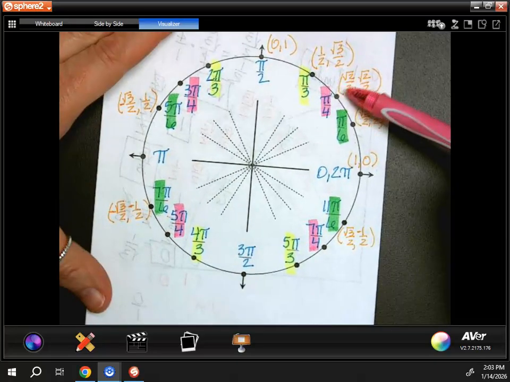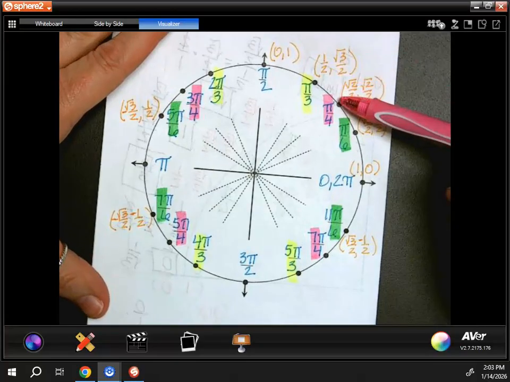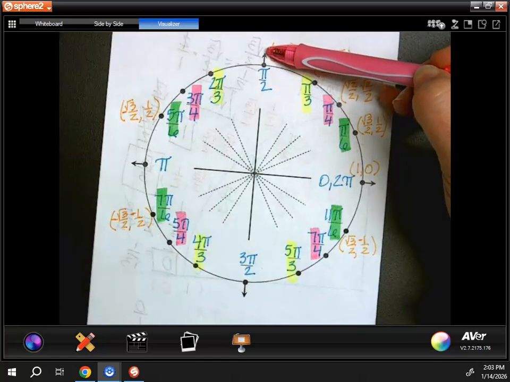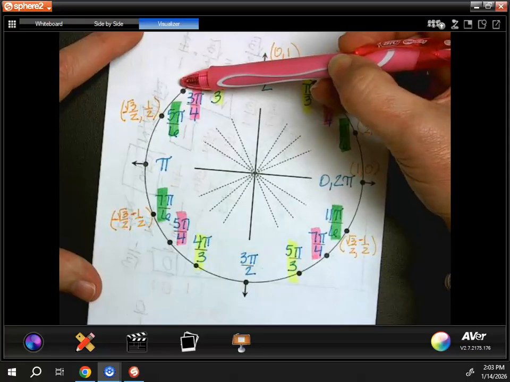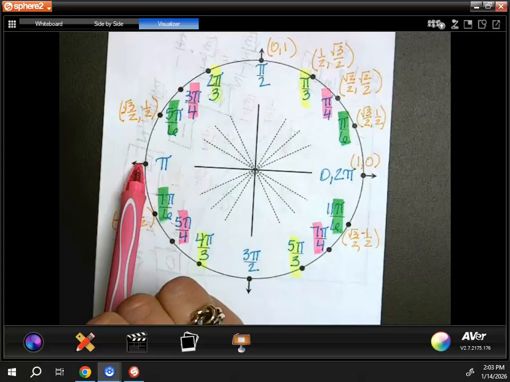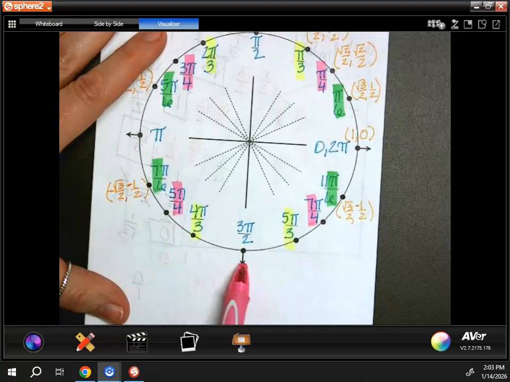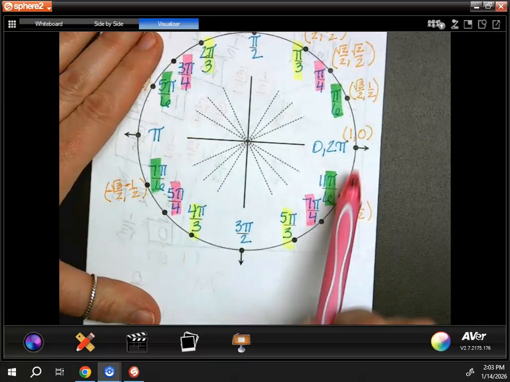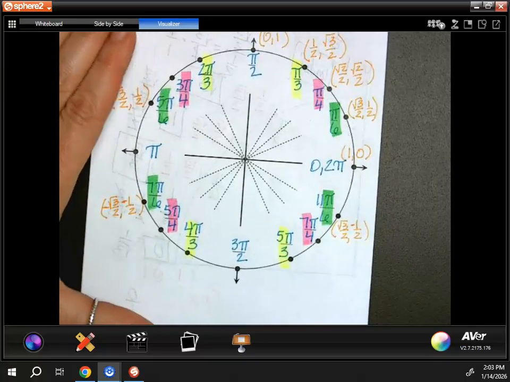So if we think about π/4, that's the easiest one to look at first. This is 1π/4. If I go another π/4, this is 2π/4, but it reduces to π/2, right? Then this makes it 3π/4. Then that makes this 4π/4, reduces to π. 5π/4, 6π/4 reduces to 3π/2, right? 7π/4, 8π/4. So they're actually all in there.